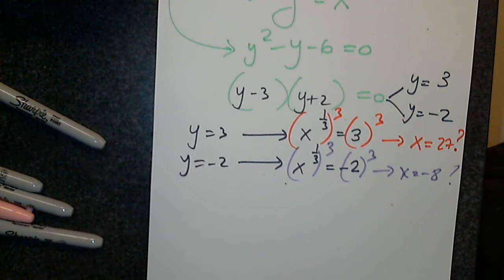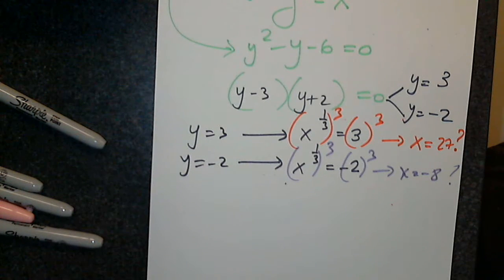Okay, what am I trying to verify? Careful. What am I trying to plug in? 27 and -8. Yes. So 27 is this. And what should the answer be in case this is a correct solution? 0. And -8. And what should the answer be if this is the correct solution? 0.